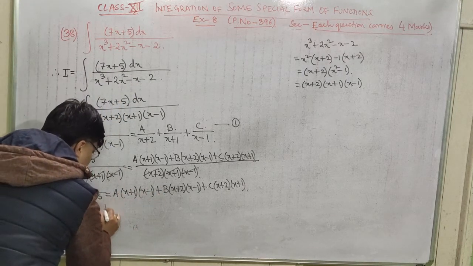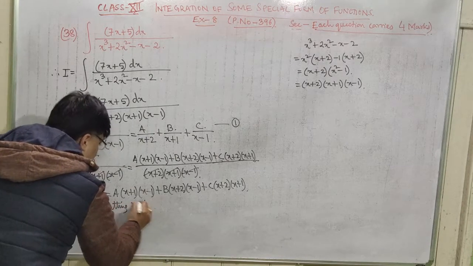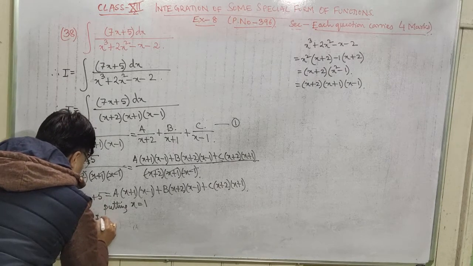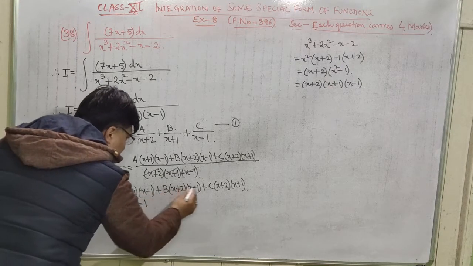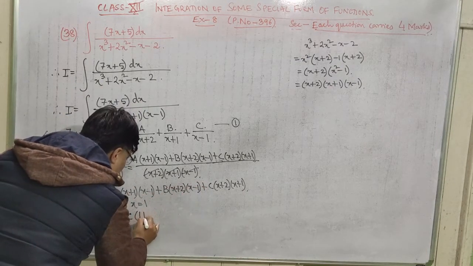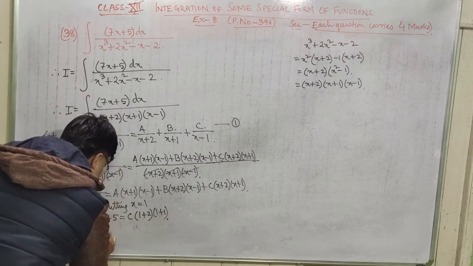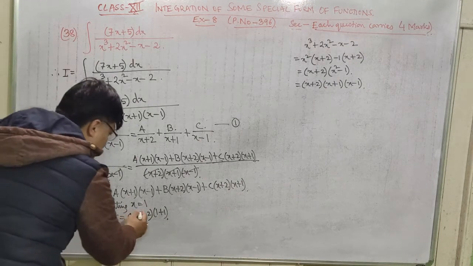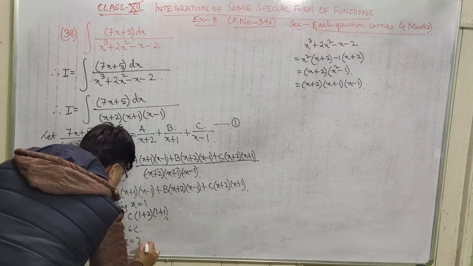Putting x = 1, we get 7 into 1 plus 5 equals C into (1 + 2)(1 + 1). So 7 + 5 is 12, which equals 6C, that is C = 2.